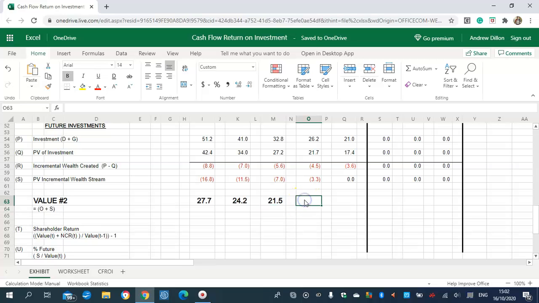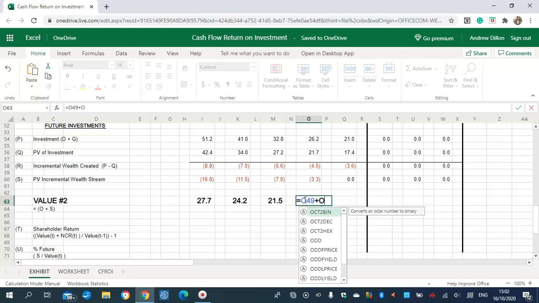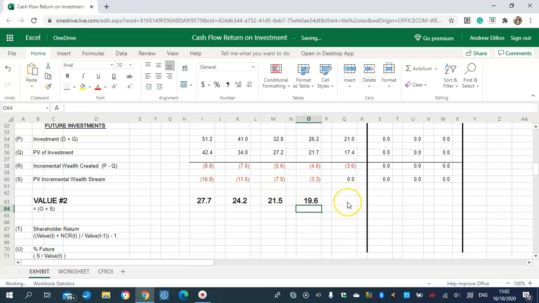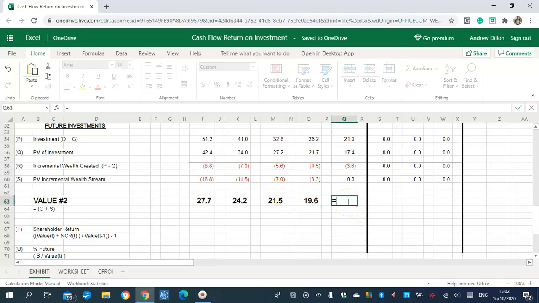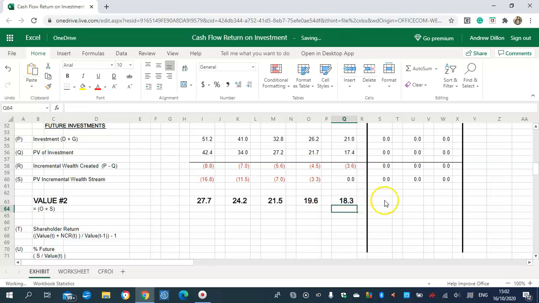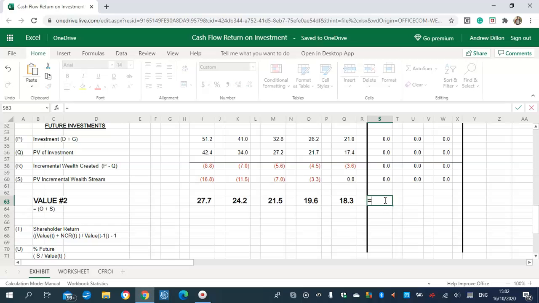O49 plus O60. Equals Q49 plus Q60, then equals S49 plus S60.